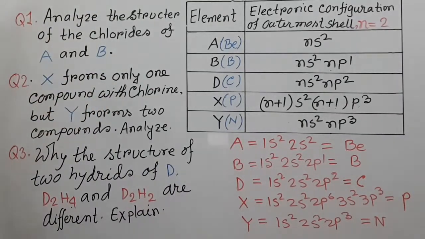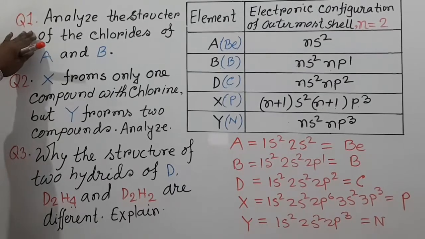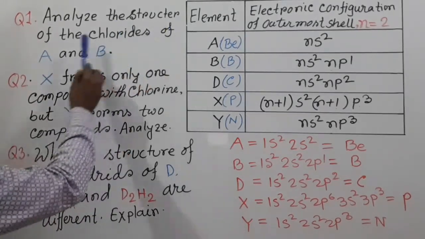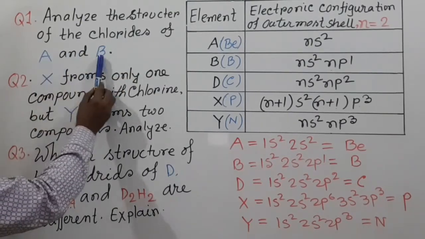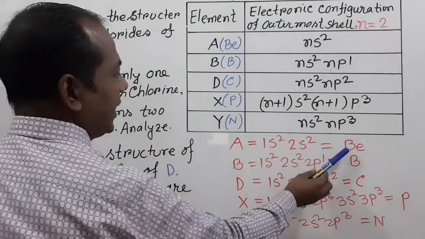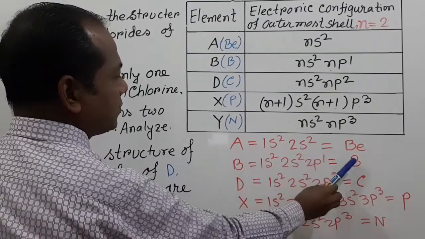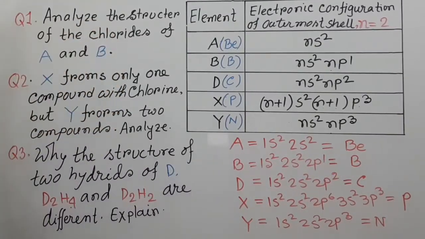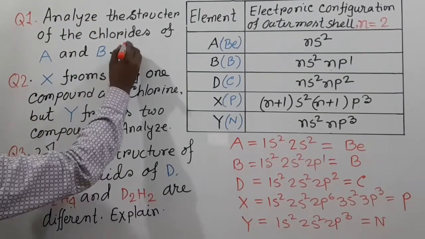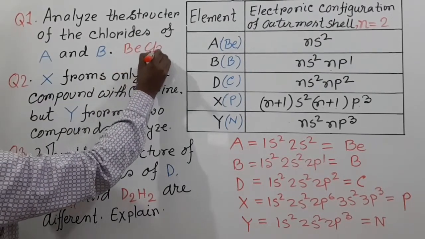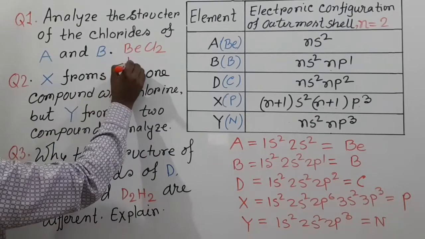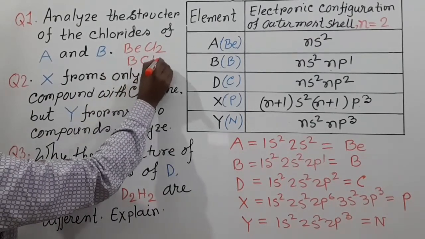And my dear students, here is our first question: analyze the structure of the chlorides of A and B. We can see that A is beryllium and B is boron. So the chlorides of A and B are beryllium chloride, BeCl2, and boron trichloride, BCl3.